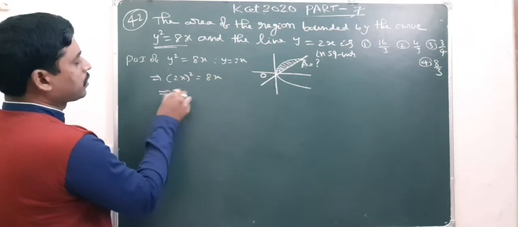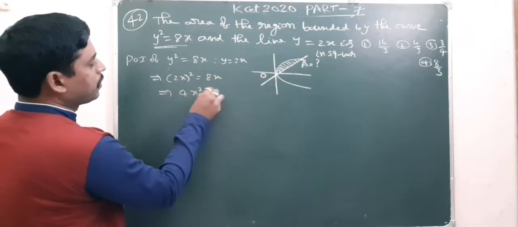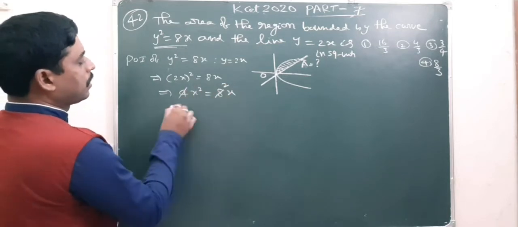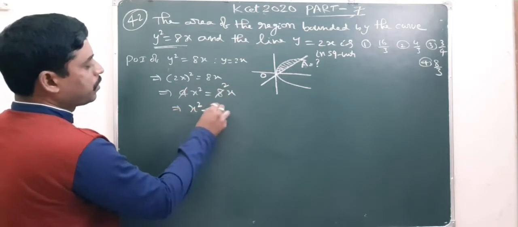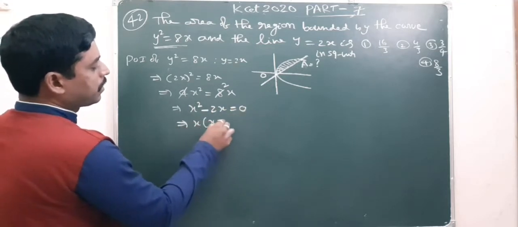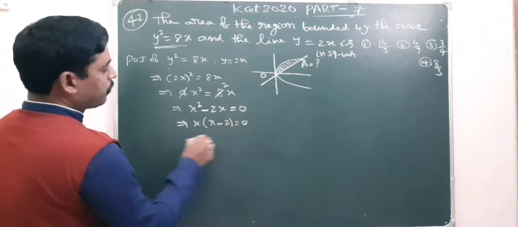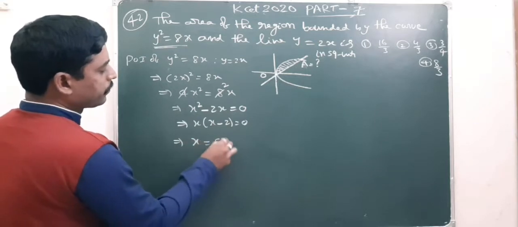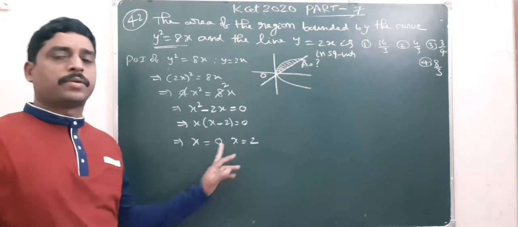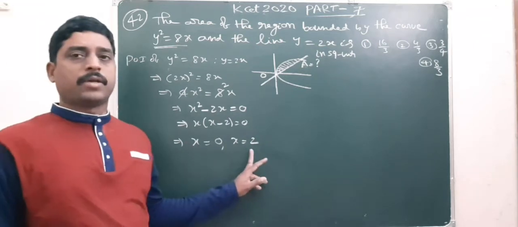That implies 4x square is equal to 8x. 4 cancel, so x square minus 2x is equal to 0. In this x take out common, x into x minus 2 equal to 0, therefore x is equal to 0 and 2. So x limits is 0 comma 2.